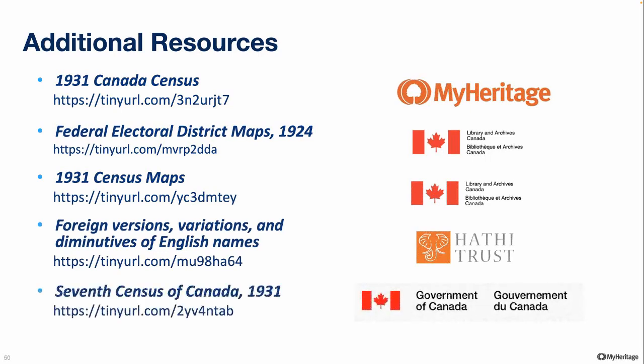And then finally, if you really want to go deep on published statistics that were published decades ago, the 7th Census of Canada, 1931, here at this URL at the very bottom, this links you to sort of an official government publication website and very large multi-volume PDFs you can download and find all sorts of published statistics.